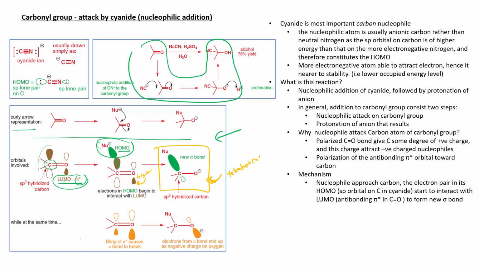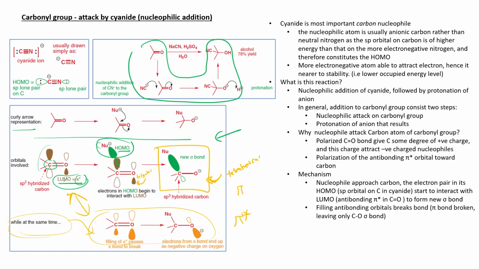This is also the same thing, but here we talk about the pi antibonding. It looks more or less the same, but one talks about the pi, and one talks about the pi antibonding. Filling the antibonding orbital breaks the bond: the pi bond is broken, leaving only the CO bond.